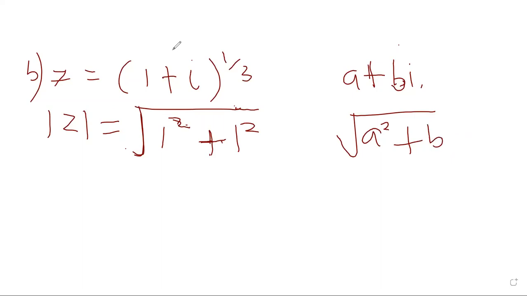Let's call this w. So the modulus of w is the square root of a squared plus b squared. Note that we don't add the i to it when we are doing this.